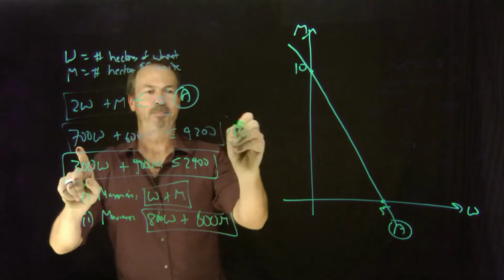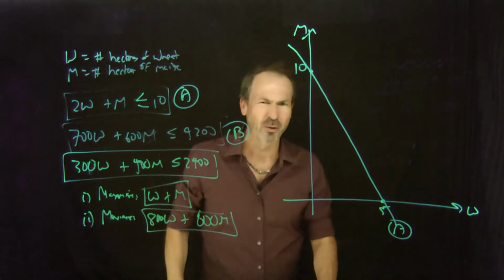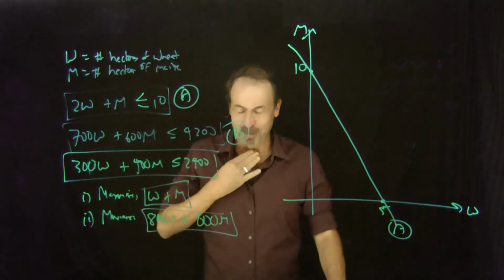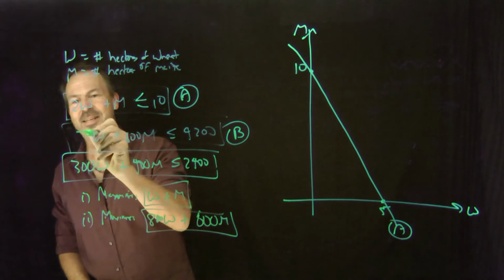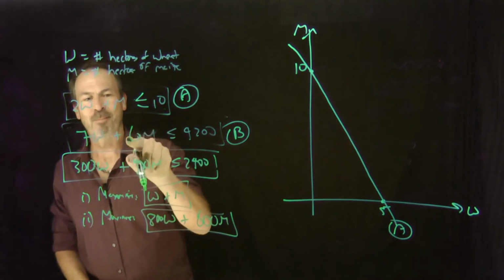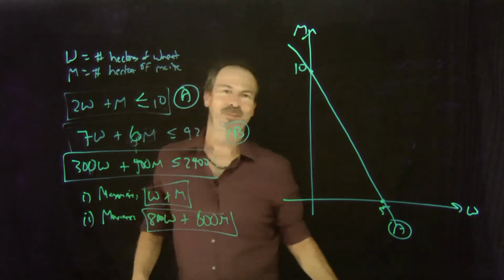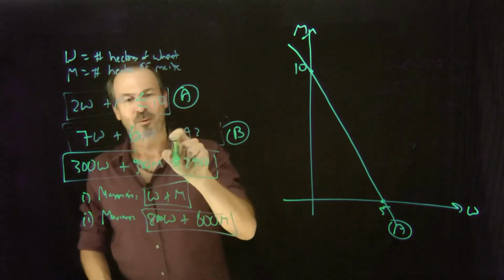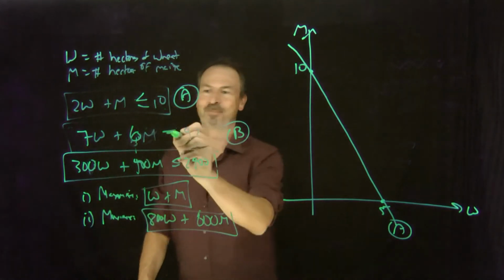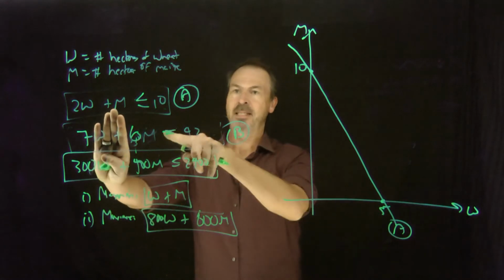Got it. Great. Let's do the next line. I'll call it line B. 700w, 600m, 4200. Let's divide everything by 100. So it's really the same as 7w plus 6m equals 42, or less than or equal to 42. That's much easier. It's equivalent, it's fine. If it's equal to 42, I would have this line. When w is 0, m would be 7.